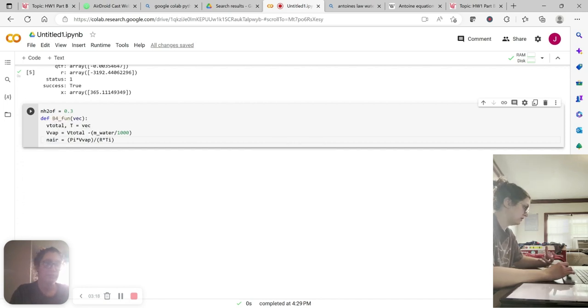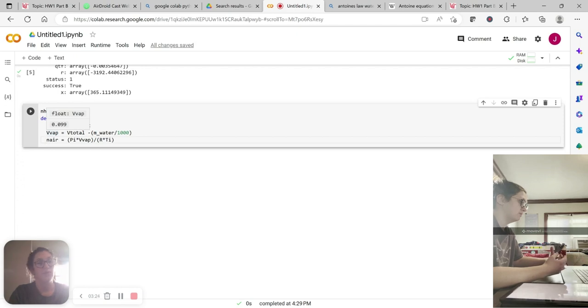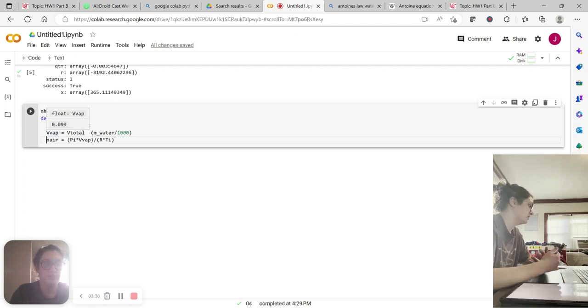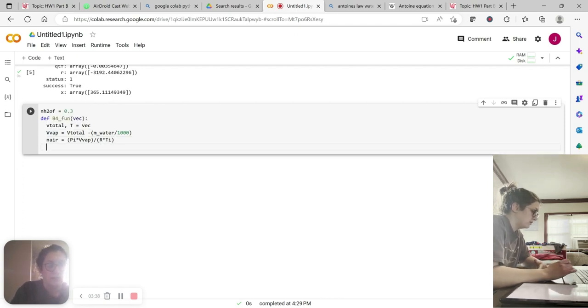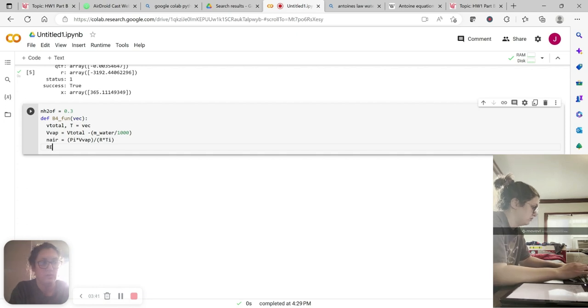So the volume of the vapor directly comes from how much volume we have in total, and then the moles of air directly comes from the volume of the vapor phase, which, as we just talked about, is dependent on the total volume. So now we are ready to return our function.